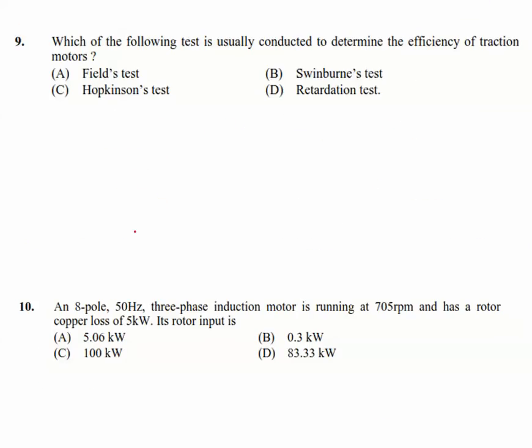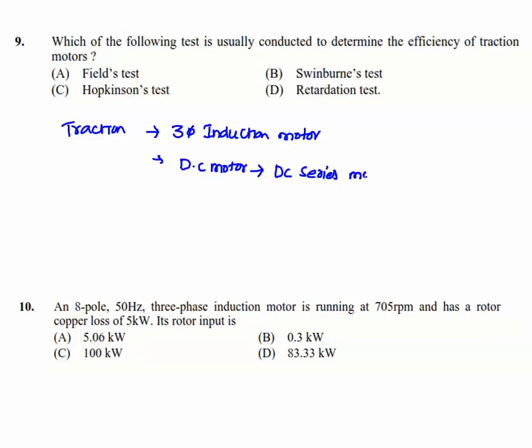And the next question here is, which of the following tests is usually conducted to determine the efficiency of traction motors? In traction, generally we use two types of motors: first three-phase induction motors, and second DC motors, in that also DC series motors.